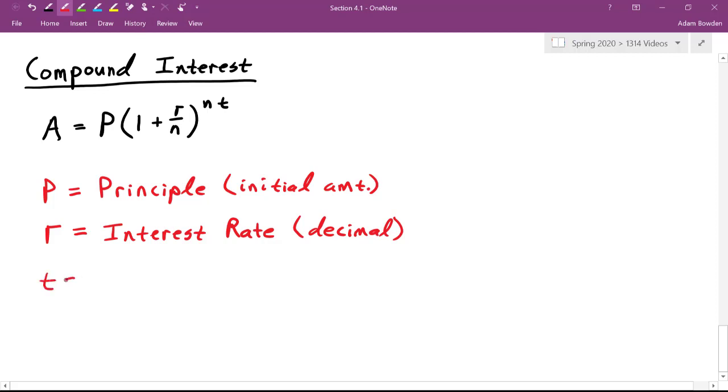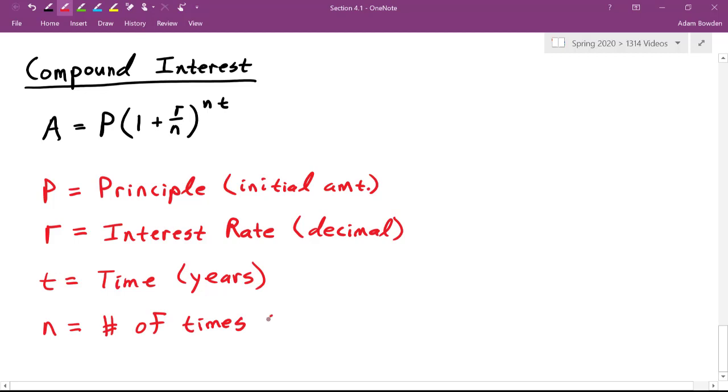Okay, T stands for time, and usually time is going to be stated in years. So the amount of time over which the interest has been earned: 5 years, 6 years, things like that. N in this formula stands for the number of times compounded per year.